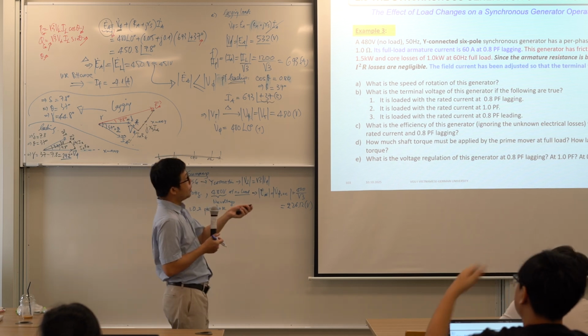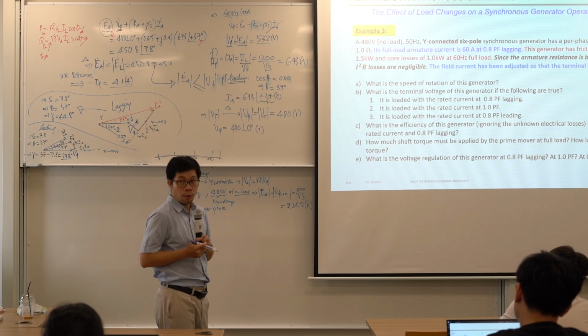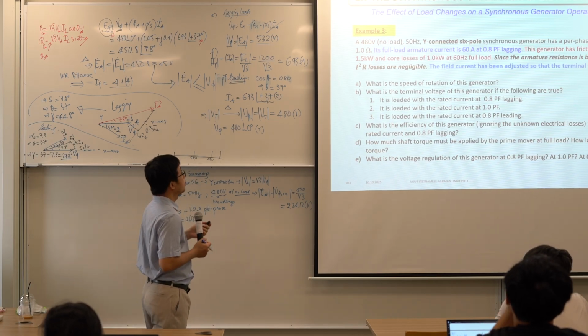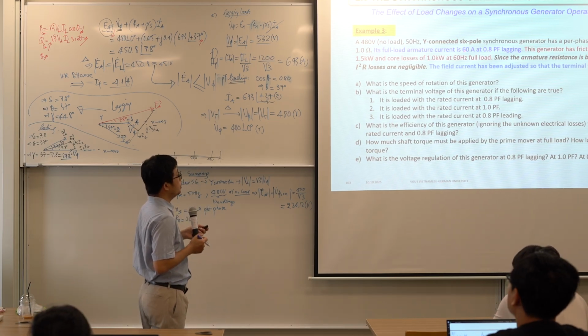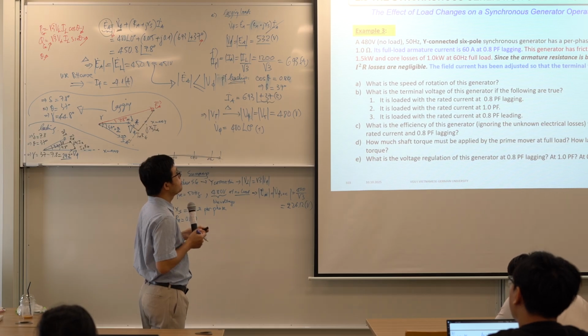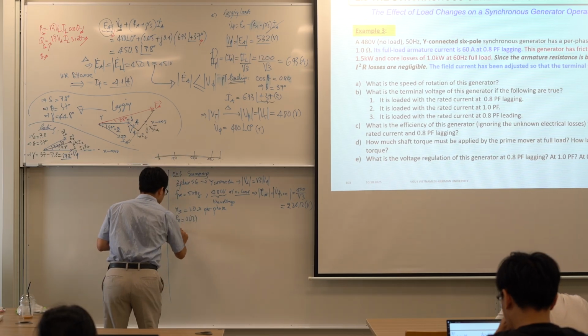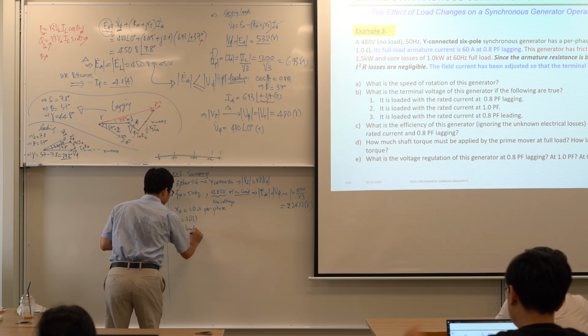Okay, the armature resistance is being ignored, so that means RA is 0 ohm. What else? Its full load armature current is 60 amperes and 0.8 power factor lagging. Full load condition.